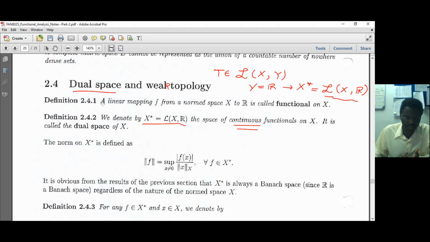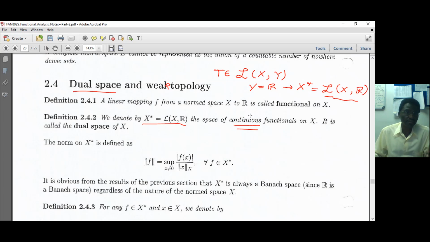The definition is even given here: a linear mapping F from a norm space X to R is called a functional on X. Now, if it is continuous, then you say it's a continuous functional on X. So that's the definition of a dual.